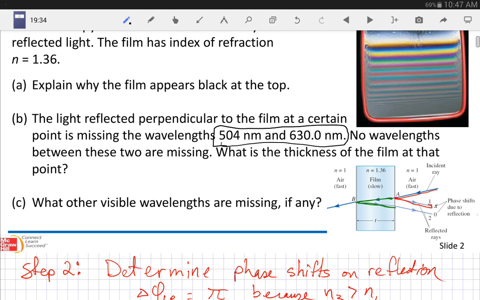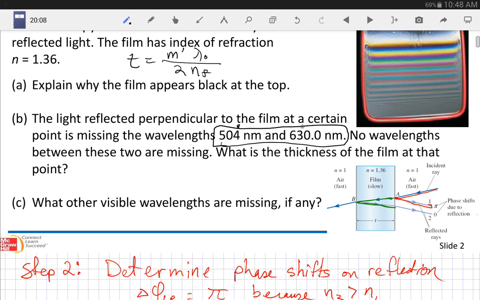How would you go from this point? We have an equation that says the thickness is equal to m prime times the wavelength in air divided by 2 nf, where nf is the index of refraction of the film.